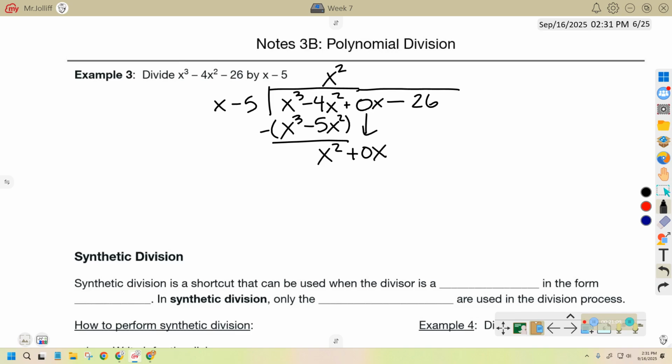If your dividend is missing a term, stick a 0 in as a placeholder so our answers line up. The upside is the question we're trying to answer is fairly easy.